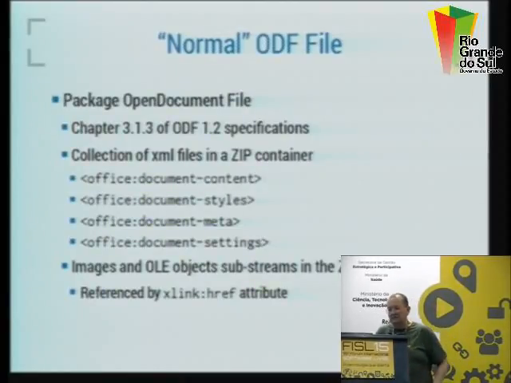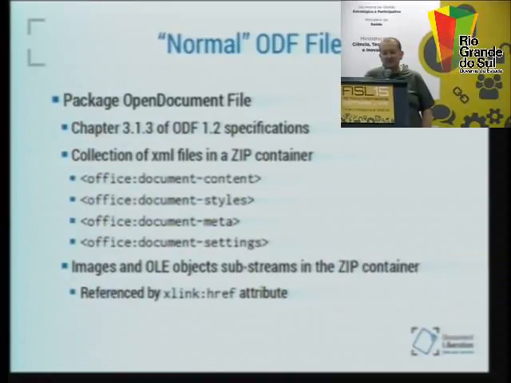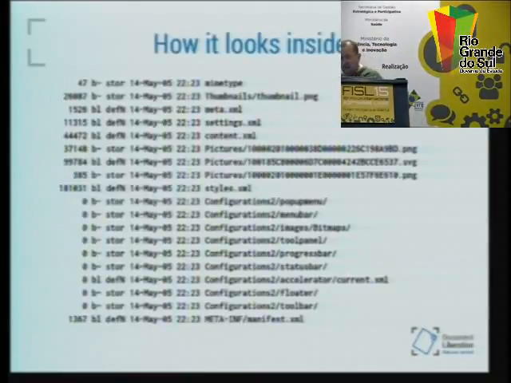They have different names. They have content.xml, styles.xml, meta.xml, settings.xml. They basically live in a zip file as independent files. And images and all objects are substreams in the zip container, and they are referenced from the content.xml by the xlink:href attribute.